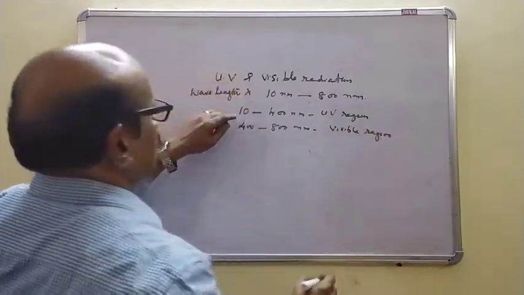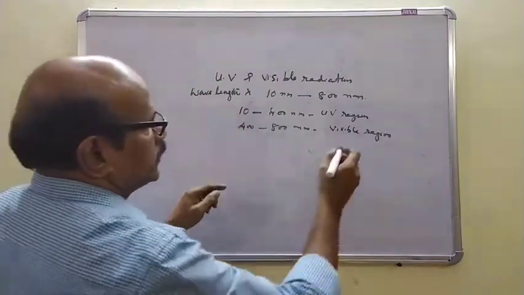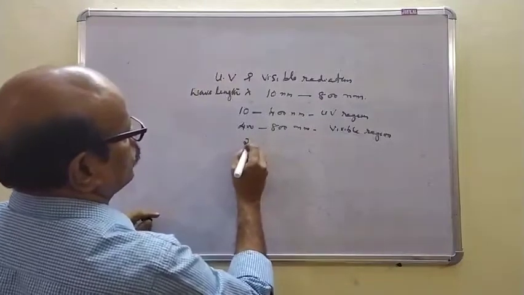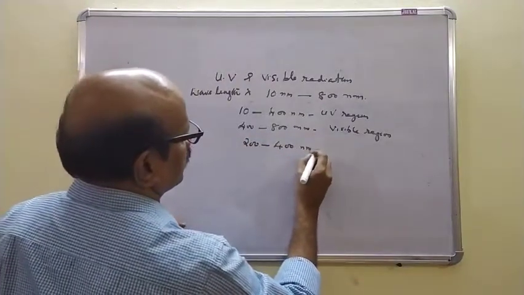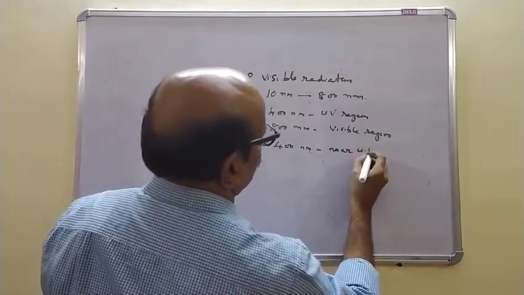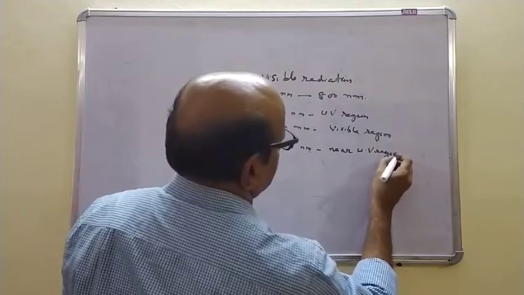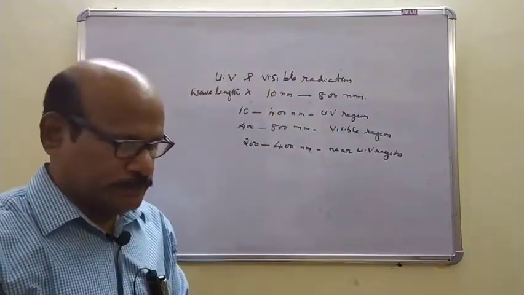Out of the UV region, the 200 to 400 nanometer near UV region is of interest in electronic spectroscopy.